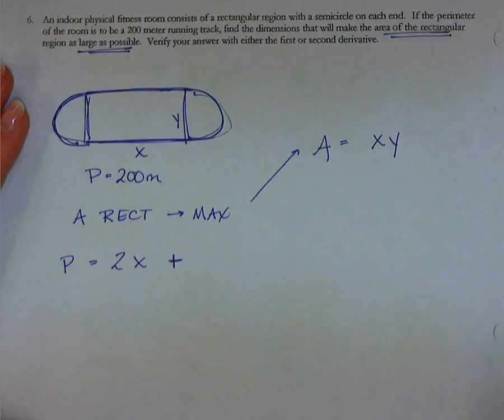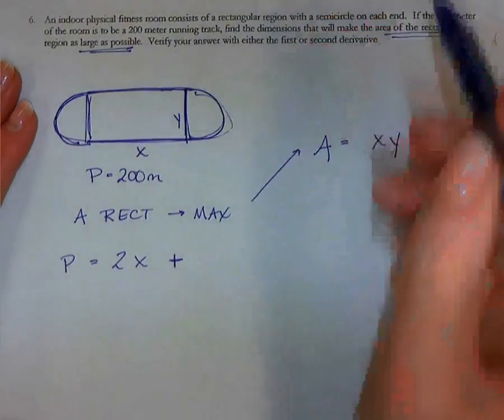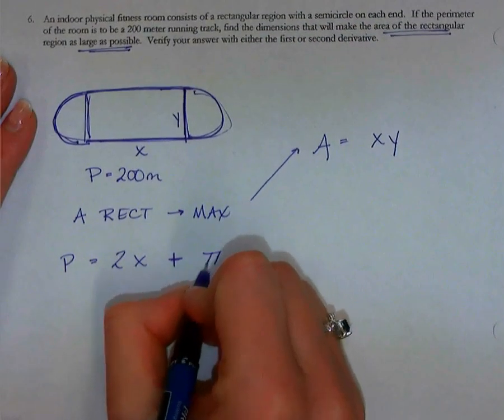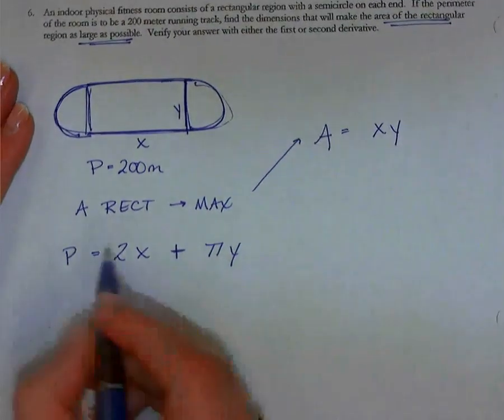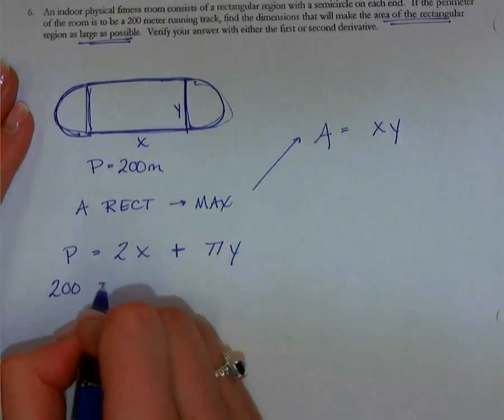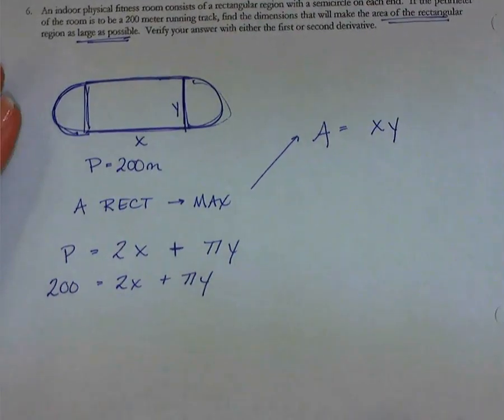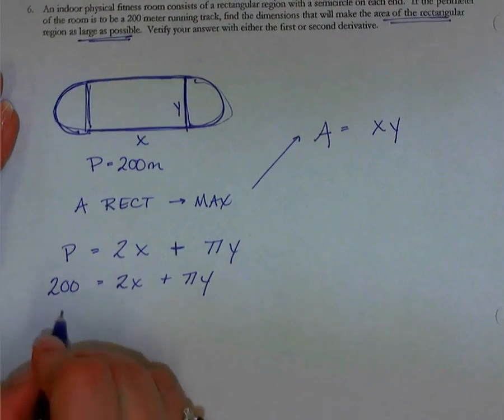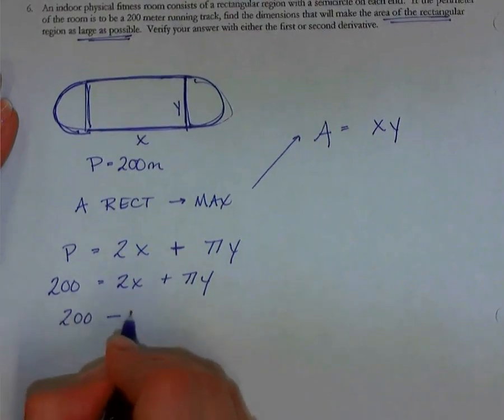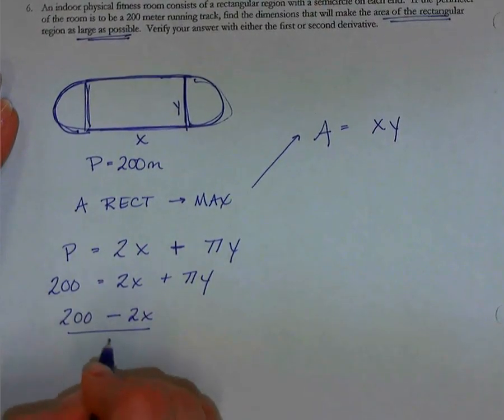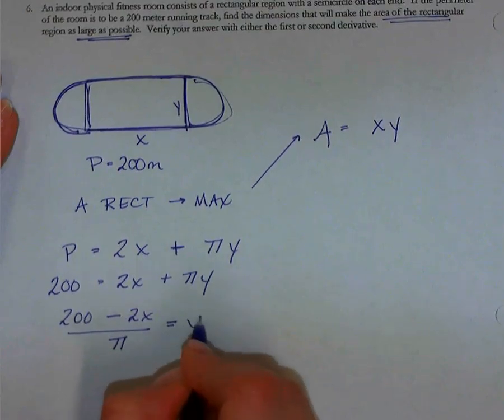Well, in this case, what is the diameter? It's y. So that's just pi times y. If I sub in, 200 is equal to 2x plus pi y. Let's just solve this for y. 200 minus 2x divided by pi is equal to y.